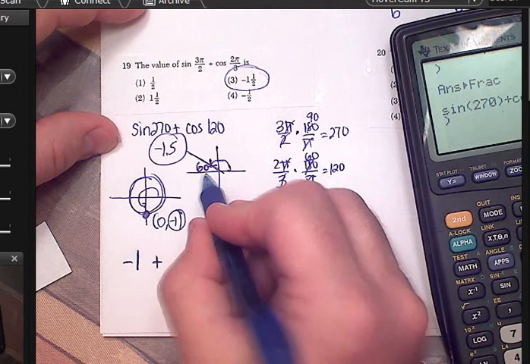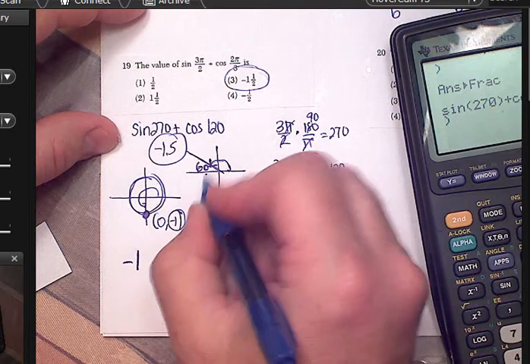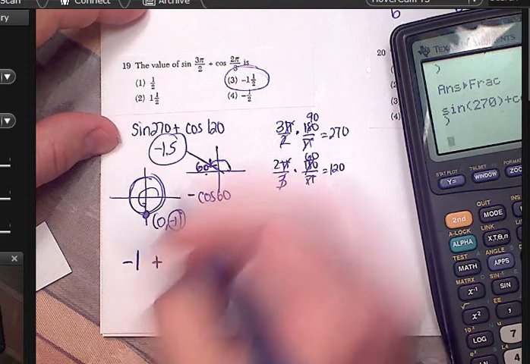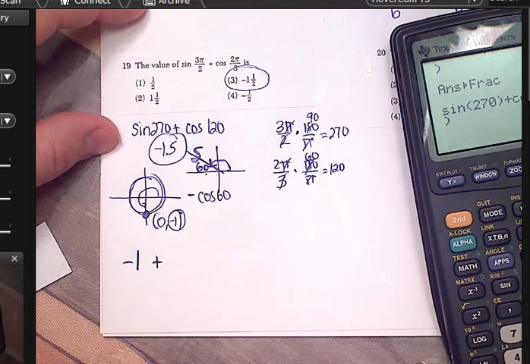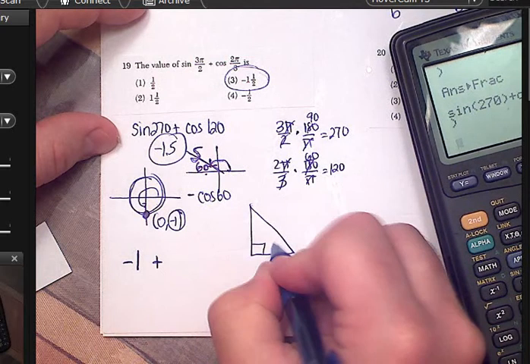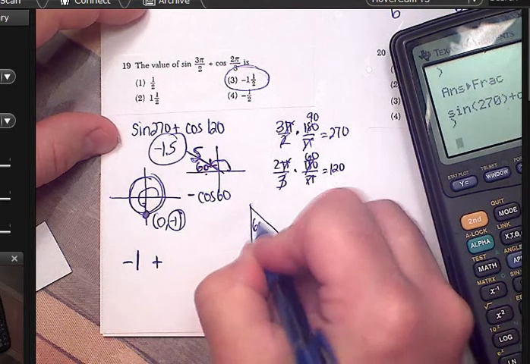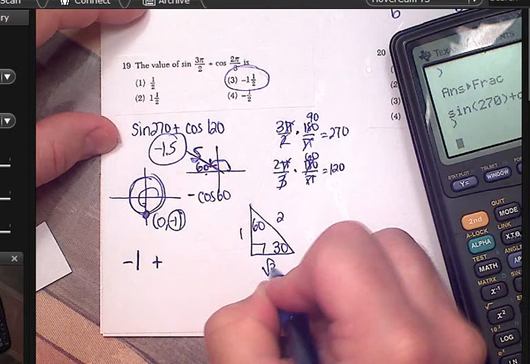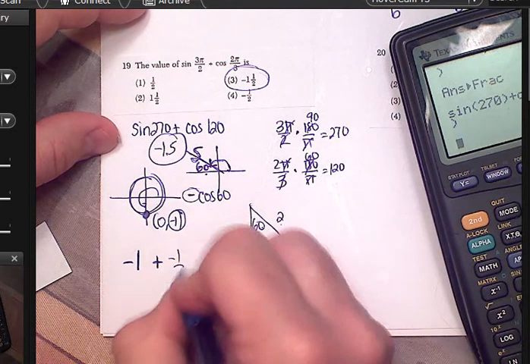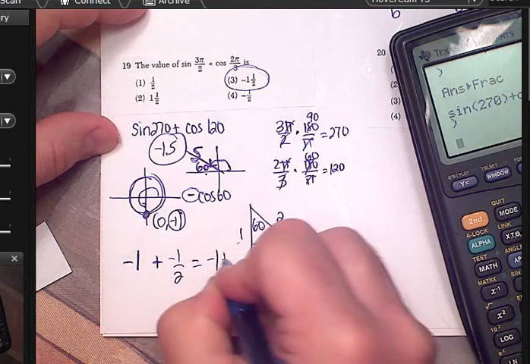So there's 120, and then that's 60. So this becomes the cosine of 60, but remember you're in quadrant 2, and in quadrant 2 the sine is positive, cosine is negative. So the cosine of 60, we want to evaluate that. We're going to have to know the 30-60-90 right triangle. 1, 2, square root of 3. Cosine of 60 is just 1/2, and since it's in quadrant 2, it's a negative 1/2. And when you put those two together, we get negative 1.5.